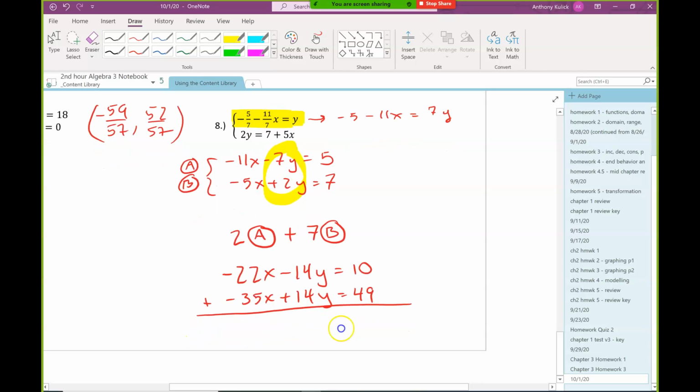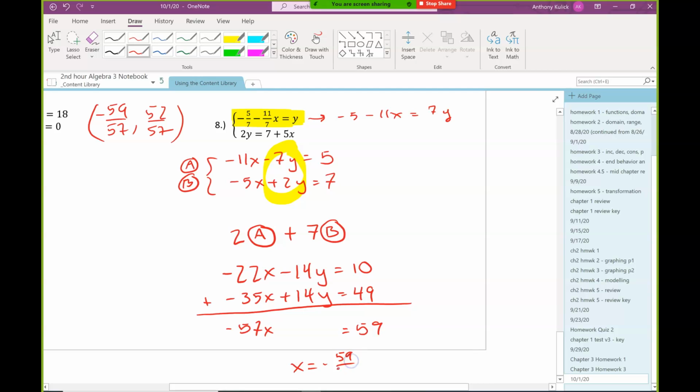And then I'll add down. So that gives me negative 57x, negative 14y and positive 14y cancel out, and 10 plus 49 is 59. And then if I divide by negative 57, I get negative 59 over 57.